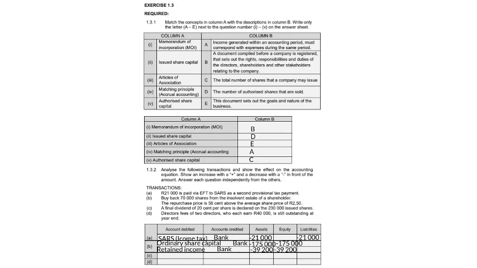Then number C, a final dividend of 20 cents per share is declared on the 230,000 issued shares. So we are going to debit ordinary share dividends. And we are going to credit shareholders for dividends.